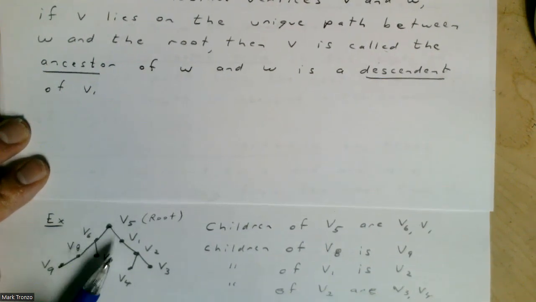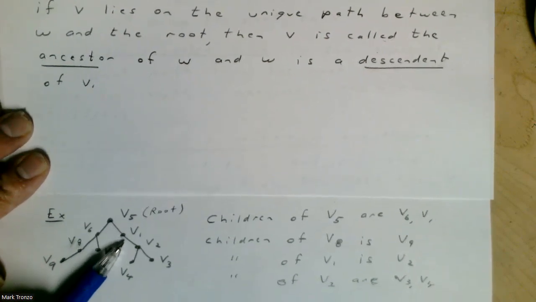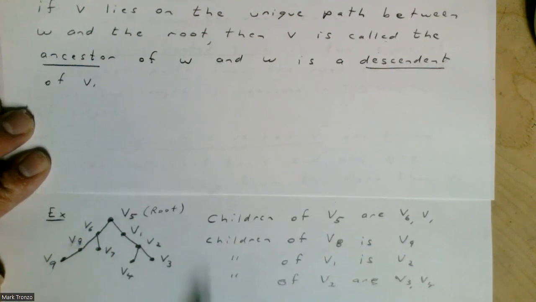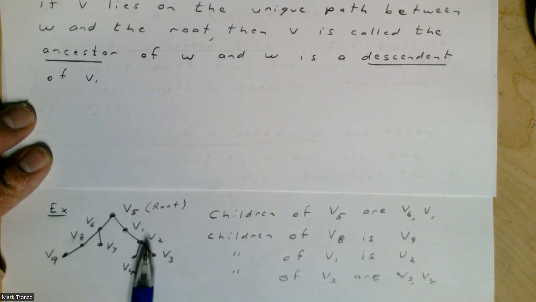For example, V1 is the ancestor of anything below it. V1 would be the ancestor of V4, of V3, and of its child V2. So V1 is the ancestor of all these, and V4, V3, V2 are all descendants of V1.